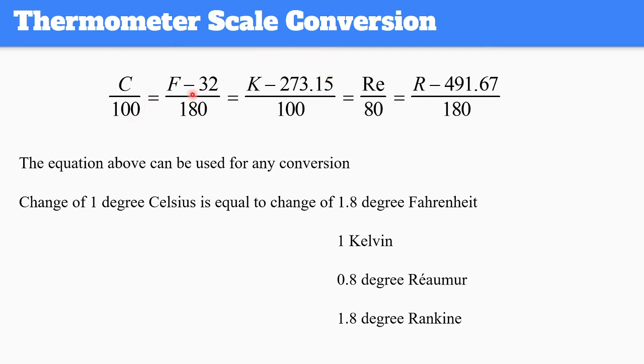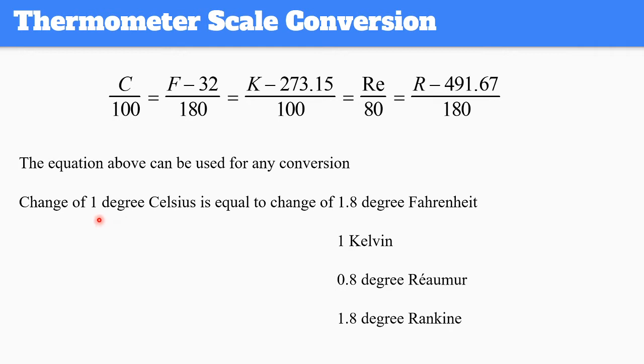You block out the other ones, use just the Celsius and Kelvin parts, and then set them equal. Or if you're using Fahrenheit to Reaumur, then you use those two. That's how you're going to use it, but this is the ultimate equation that you can have for conversion from any scale to any scale.